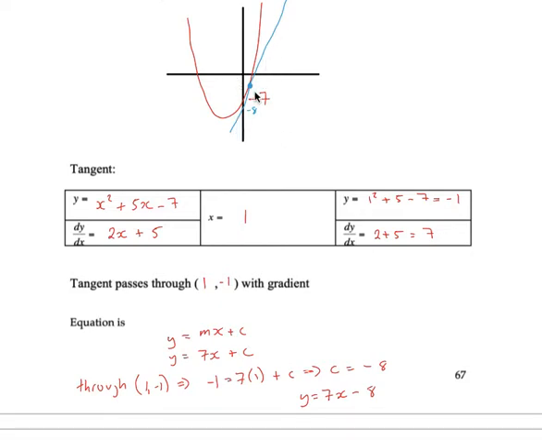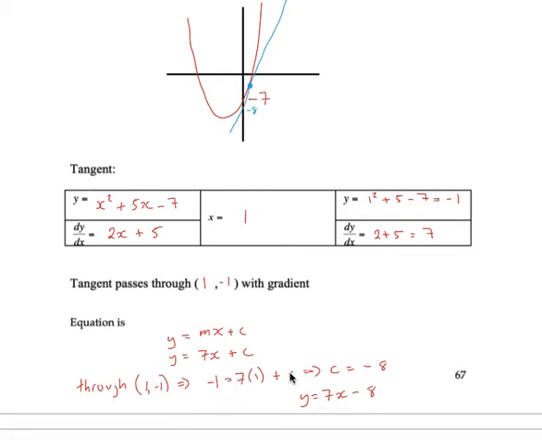So now we have reduced this problem simply down to a straight line problem. All we're asking for is, can we find the equation of a line which passes through (1, -1) with gradient 7? And we know that the equation of a line is mx plus c. And we know that in this case the gradient is 7, so y is 7x plus c. And we know that it goes through the point (1, -1), so we know that if x is 1, it must make y equal to -1.